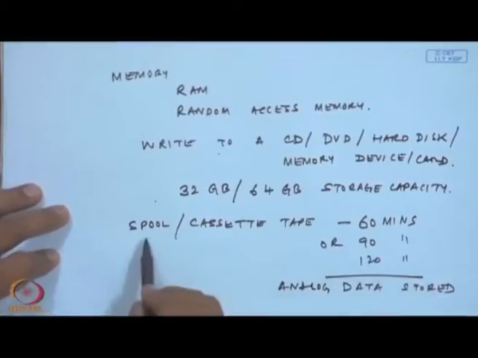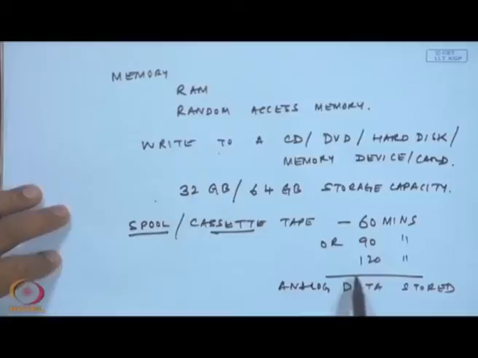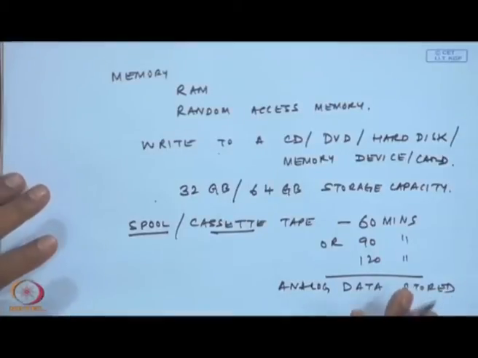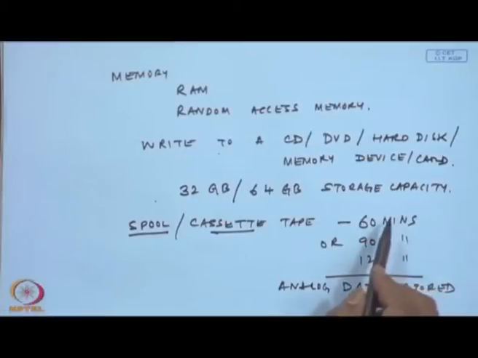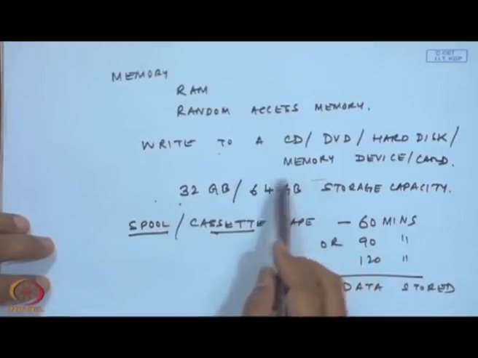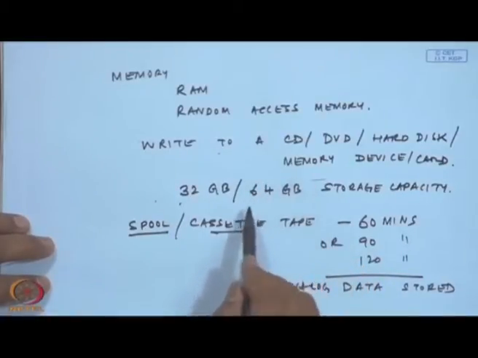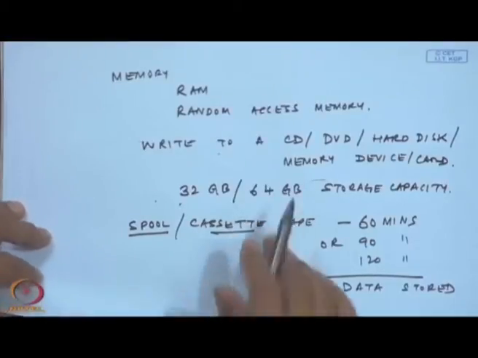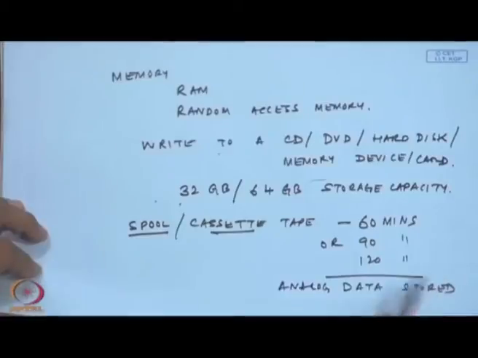Okay, this was the duration of the spool cassette type: 60, 90, 120. Obviously, we cannot do continuous data recording over months in such recording because of the limitation of the storage space. But nowadays, with such compact memory cards with capacity of 32 or 64 GB, 64 GB would last you quite a while. Maybe I'll just show you an example in the data recorder of how this can be stored.